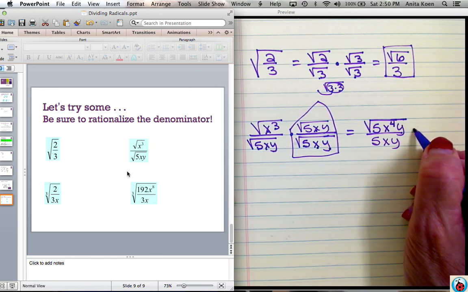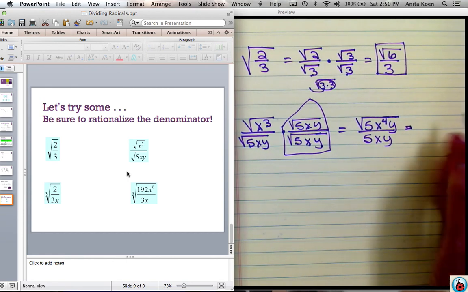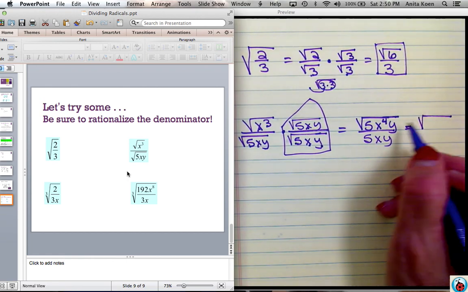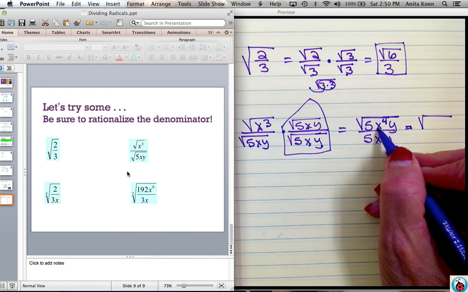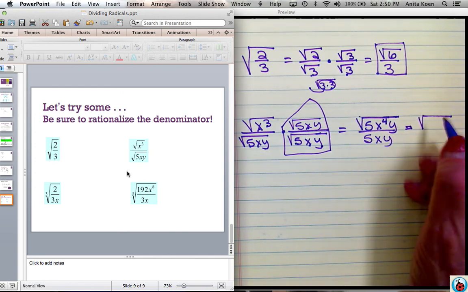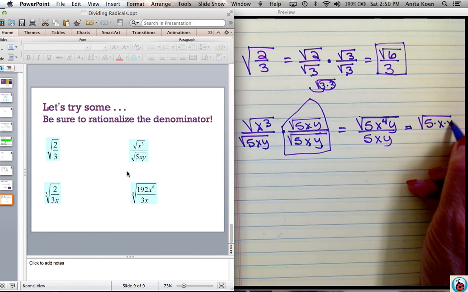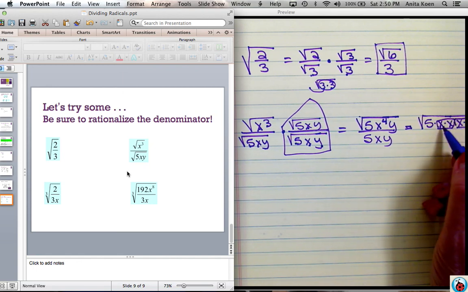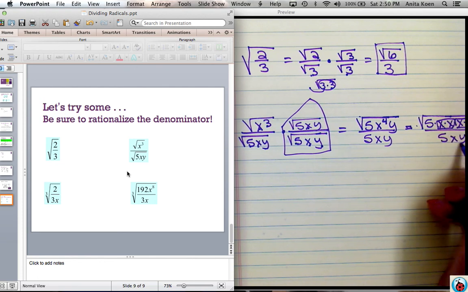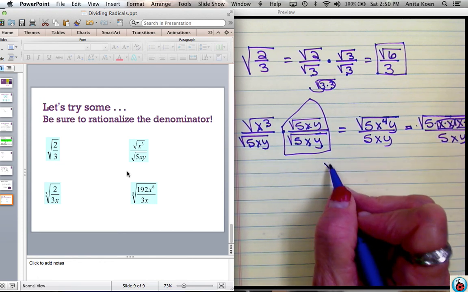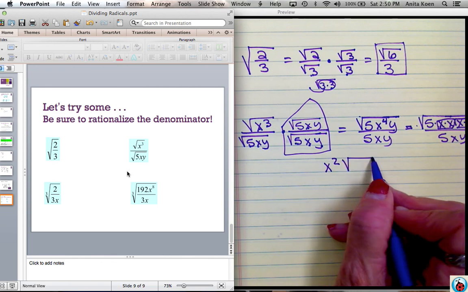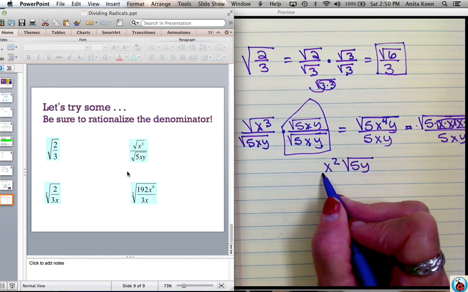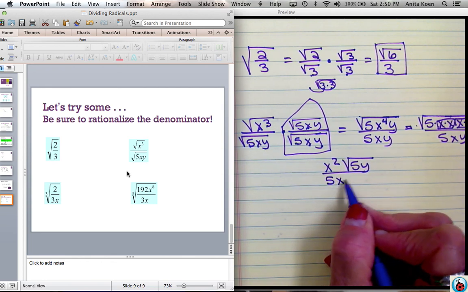Now I'd like for you to be able to see that at this point we can say that there are 4 x's under here. I need 2, so that I have 5 times x times x times x times x times y. So this comes out as 2, these two come out, these come out as 1, and these come out as 1. And so what I have is x squared times the square root of 5y divided by 5xy.